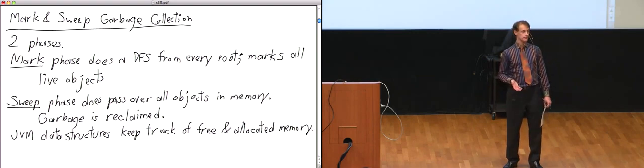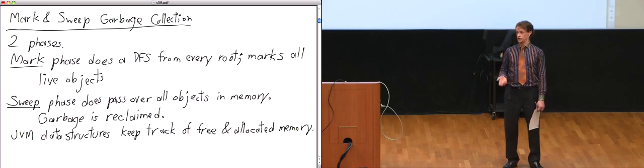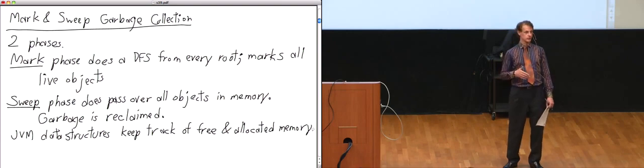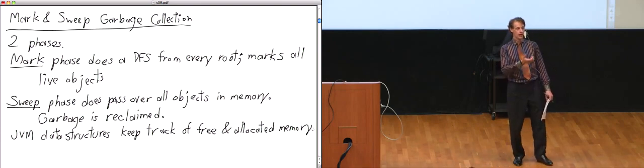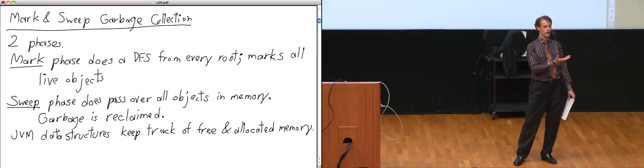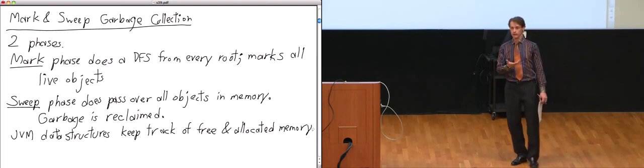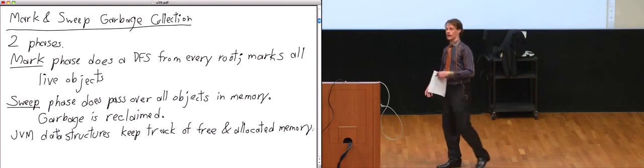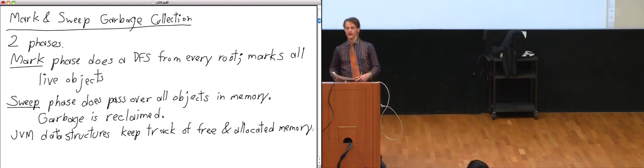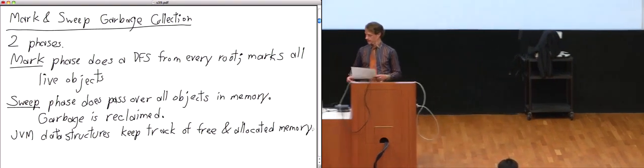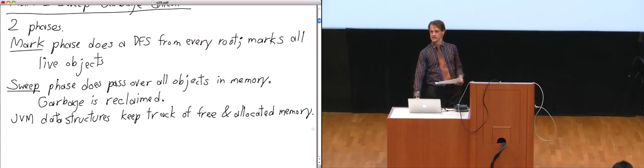In reality, most heap data structures are more sophisticated than just a list. They have additional functionality that helps you find a chunk of open memory of the right length for the object that you're trying to allocate. But that's a topic outside of 61B, which might be discussed in 61C.